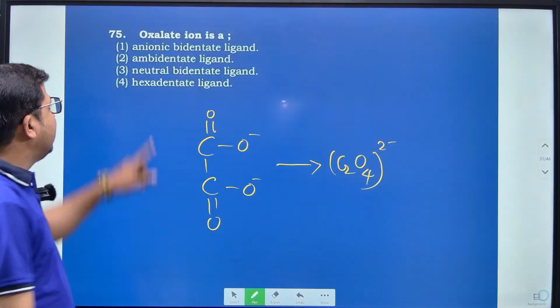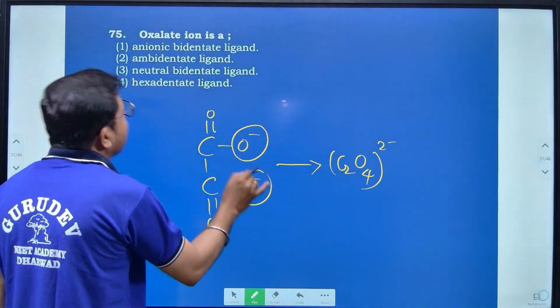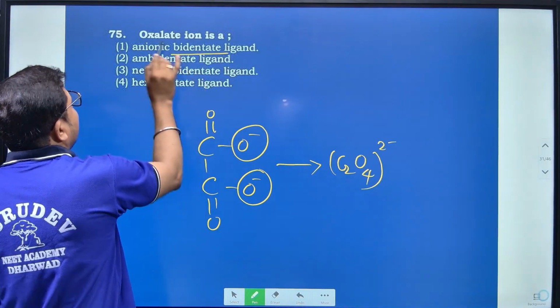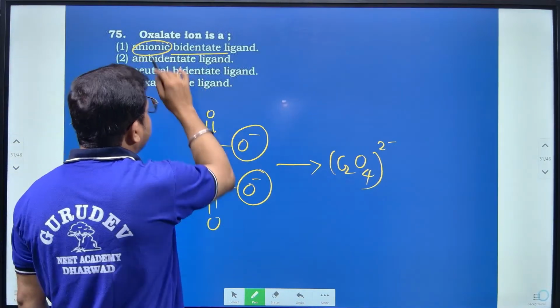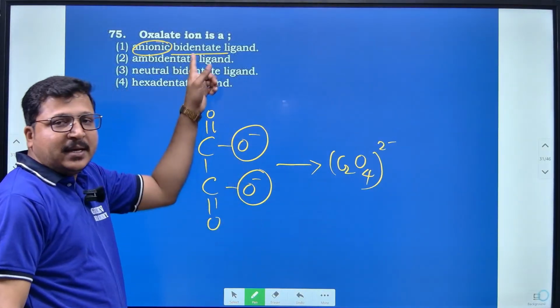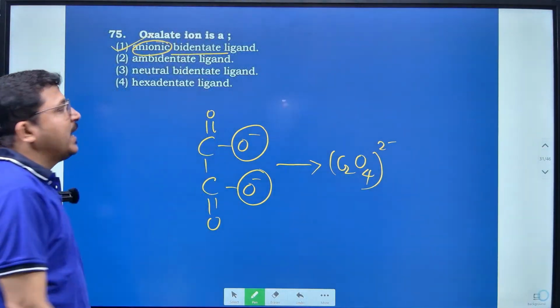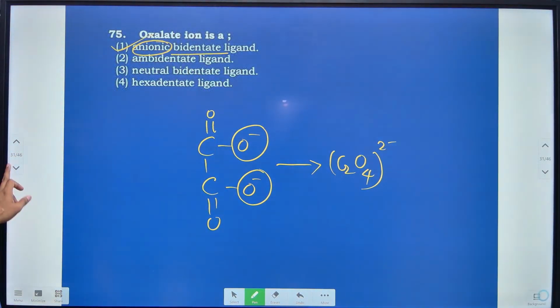Therefore, it is anionic. Because of containing 2 donor atoms, it is bidentate. Because of the presence of the minus charge, it is anionic. Hence it is an anionic bidentate ligand, hence option 1 is the right answer.